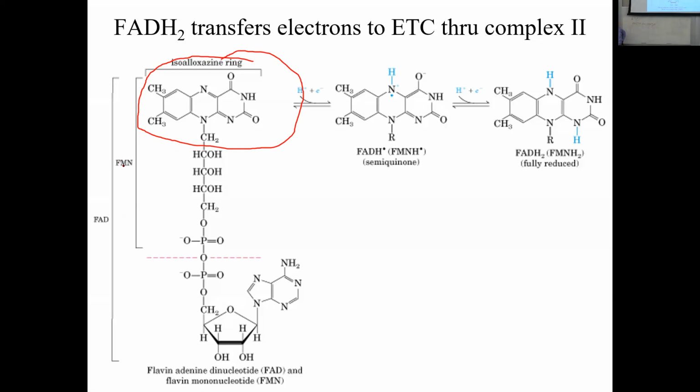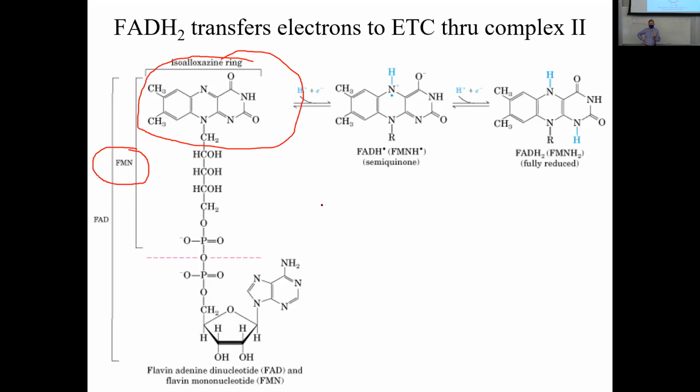But we will also see something called a flavin mononucleotide, which does not have the AMP attached to it. So just keep in mind that the FMN that we will see behaves almost identically to the FADH2, but it is truncated, so it looks different, its size is different, and the place where it will be bound is going to be different in these complexes.